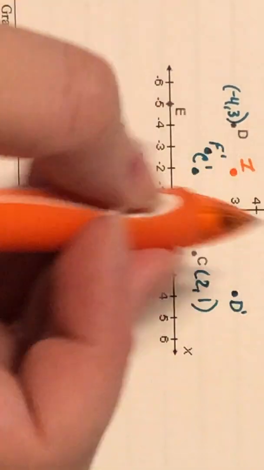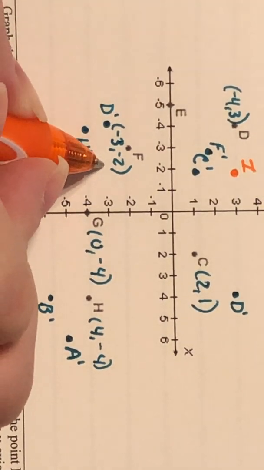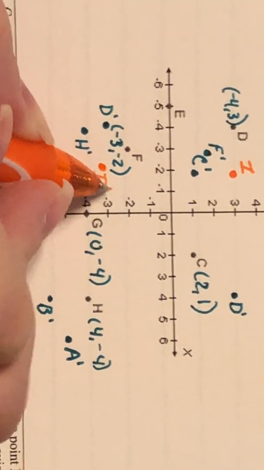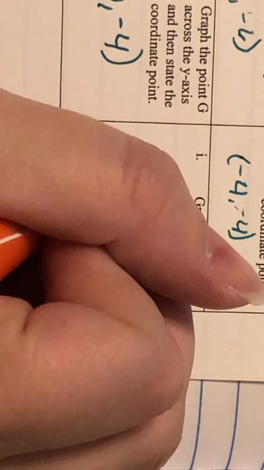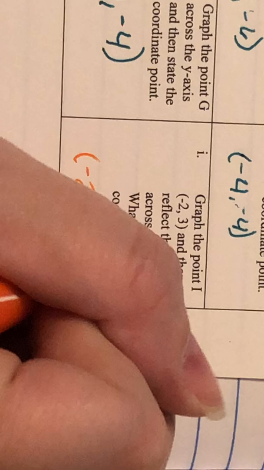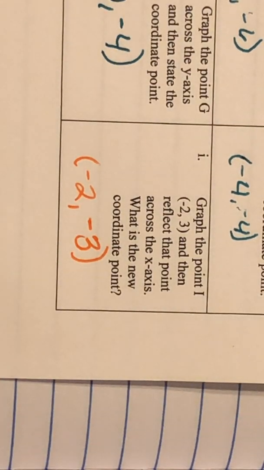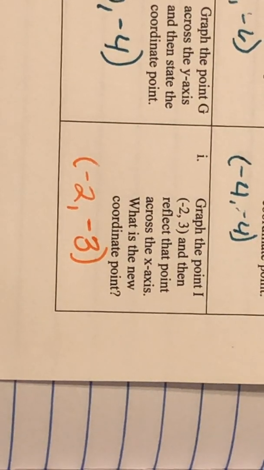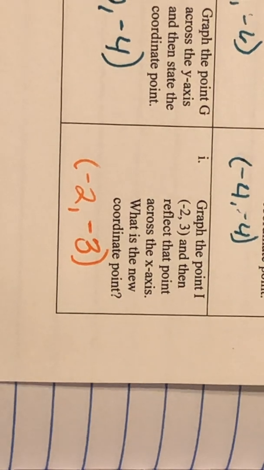So I want to do the opposite. It's going to be right here, so that's I prime. Okay, so because we graphed across the x-axis, the x value doesn't change, so that's -2. My y value changes, -3. And that is the end of lesson 8.